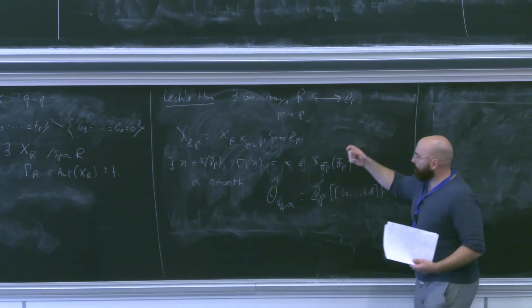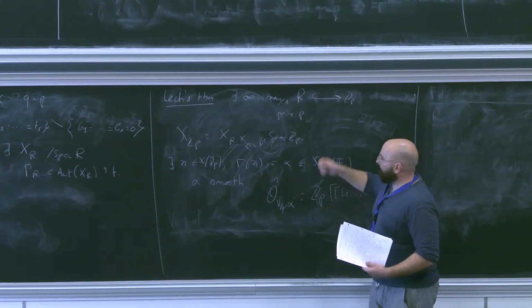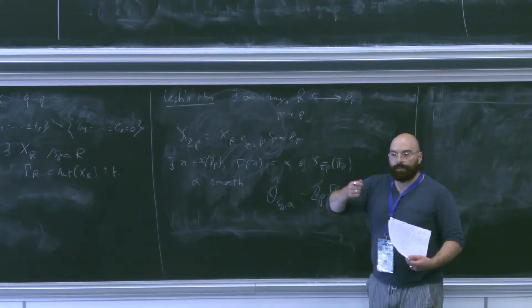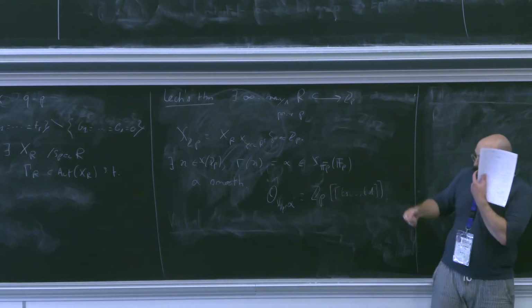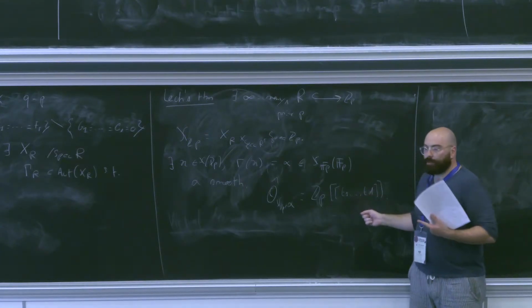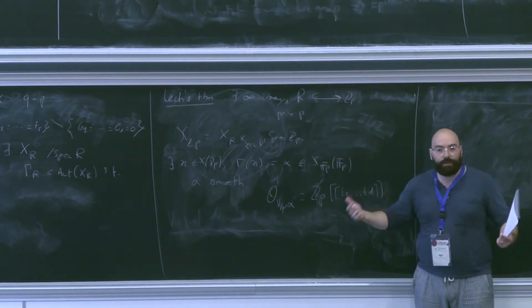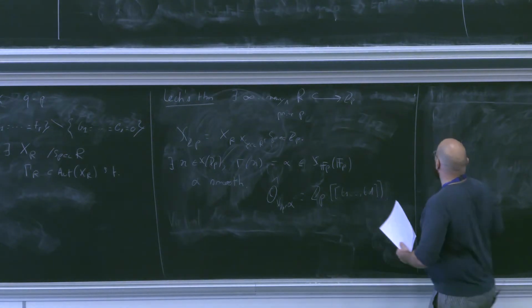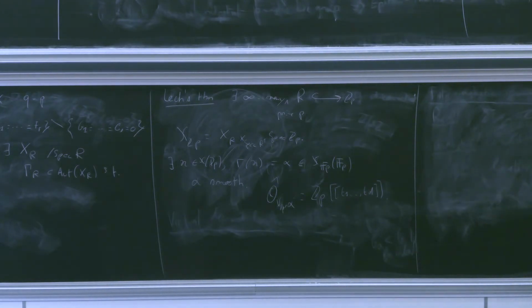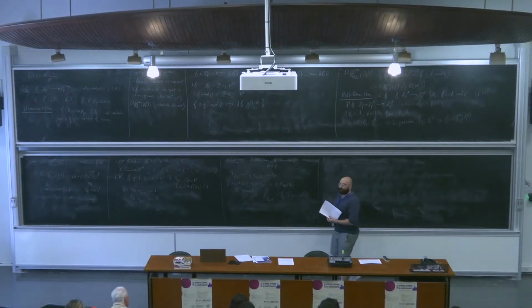Because your special fiber has finitely many F_p points, so up to finite index, it will fix all of them, so we'll fix this one. And then all your generators will be given by power series, but you can show that actually they're converging and they're elements of the analytic diffeomorphisms. That's how, because we saw it last week for the affine space. I want to explain a bit more what happens for quasi-projective varieties.